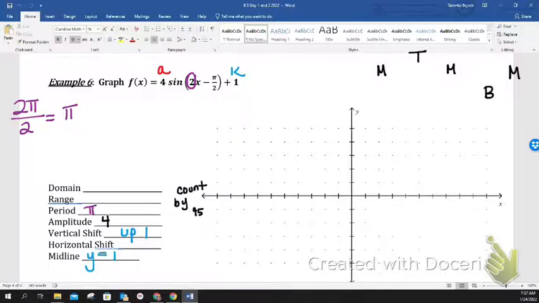So let's figure out where this wave is going to start. To figure out the start, take your parentheses, which is 2x minus pi over 2. Set that equal to 0 and solve that for x.